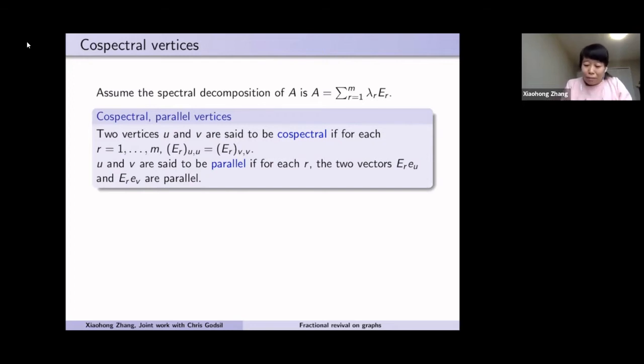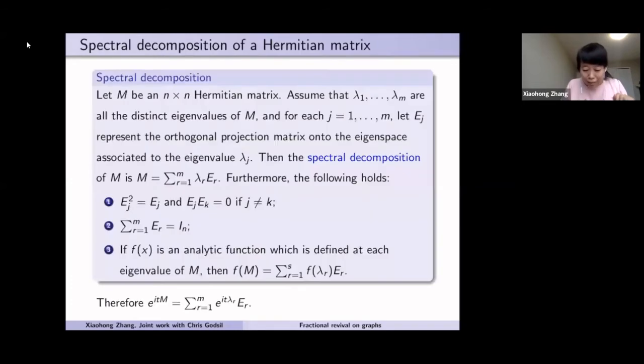What happens if both of them happen? We can try to do some calculations. Say (E_r)_uu is e_u transpose E_r e_u. Earlier, for the spectral decomposition, if the matrix M is real, we can make all those projection matrices real.